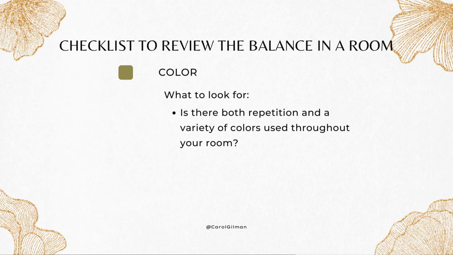But also that there's variety so that we're not just using the same type of color or version of color everywhere. And that also that there is a balance of color in the room. So we don't just have color on one side of the room, that we have color and pockets of color in other areas of the room as well.